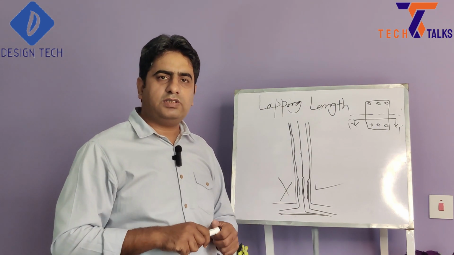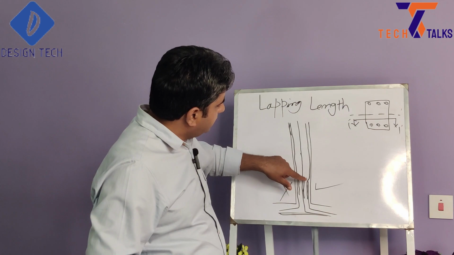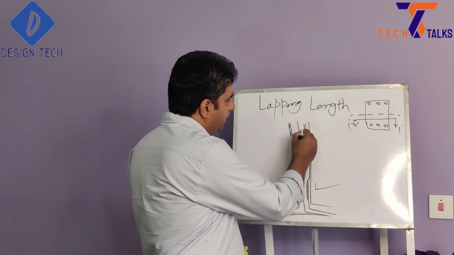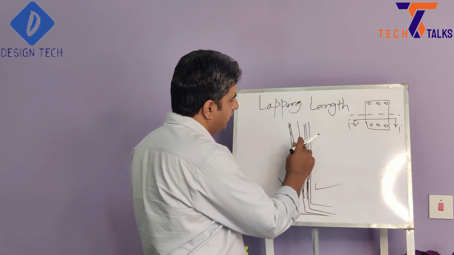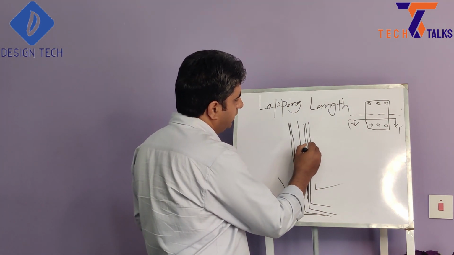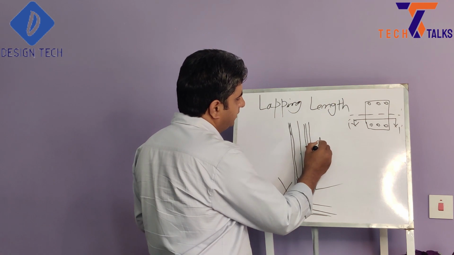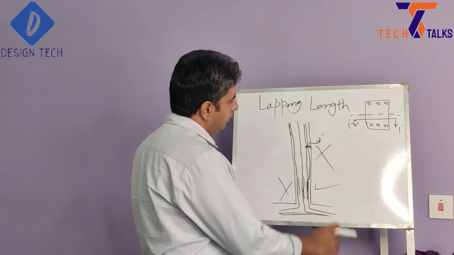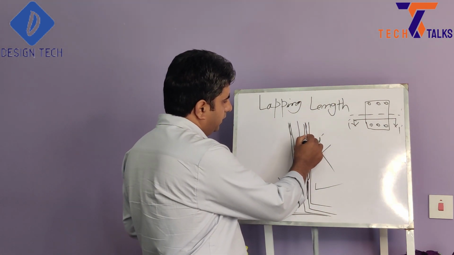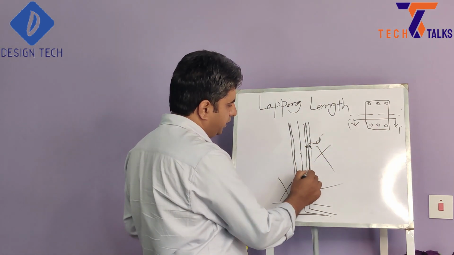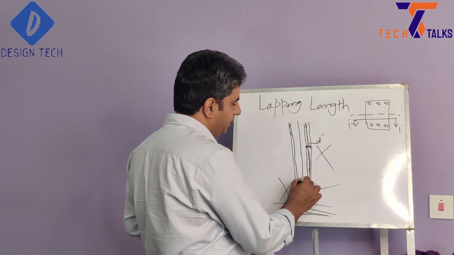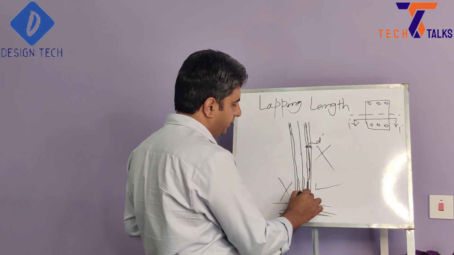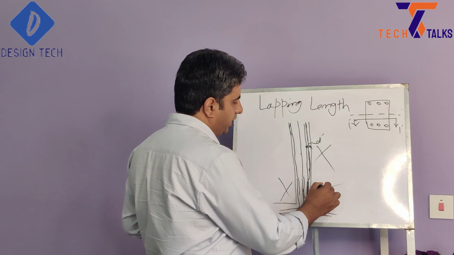If we keep the bar straight, then our member will come something like this, because we need to keep this inside. So in this way we are increasing the d distance here, which is the wrong practice. We should keep the clear cover the same as we provide for bottom reinforcement, but when it comes near the lapping length, we should bend it inside. So this is the correct way.